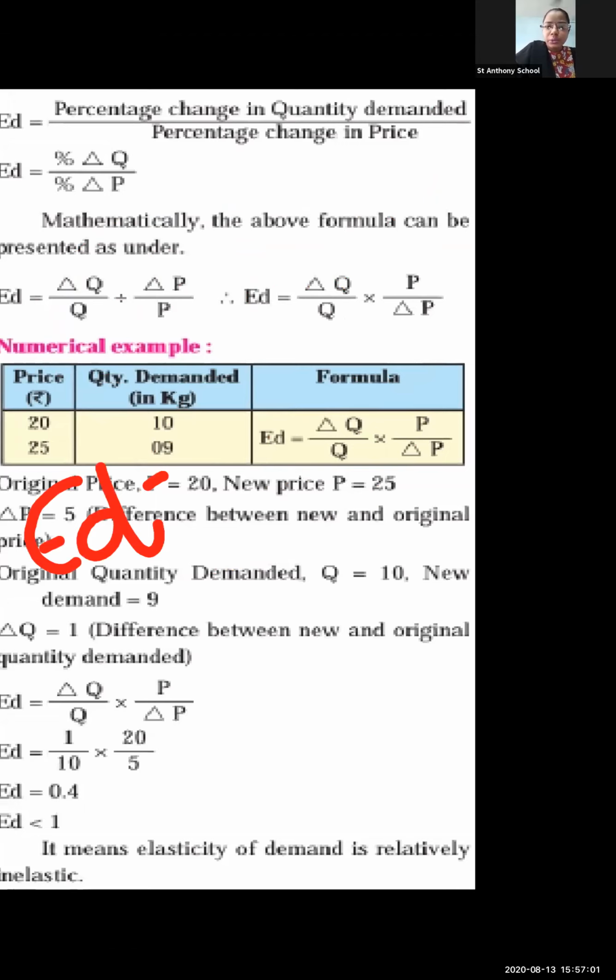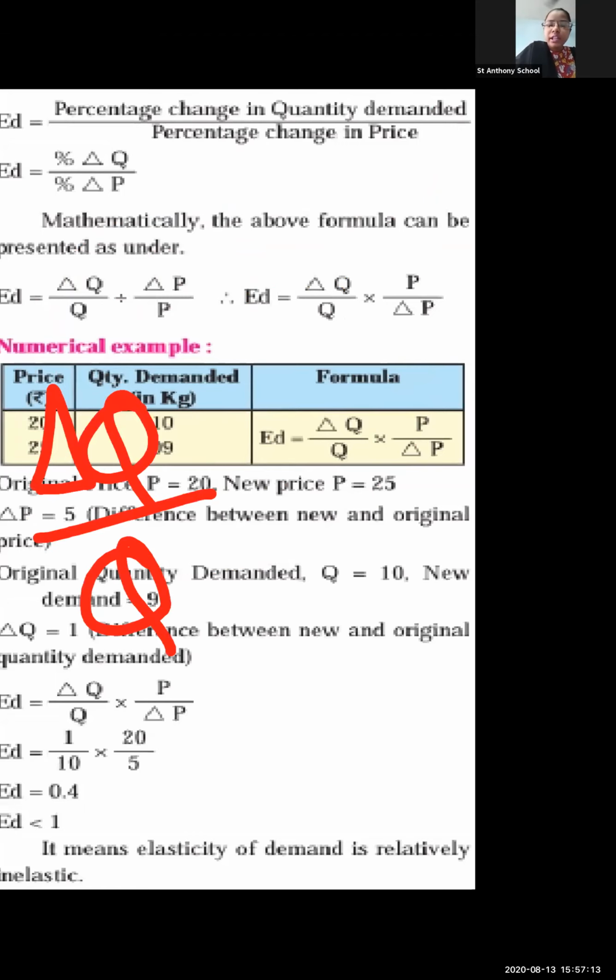Afterwards we have to write mathematically, the above formula can be presented as under. ED is equal to delta Q upon Q. Delta Q means change in quantity demanded upon original quantity, completely divided by change in price upon original price.